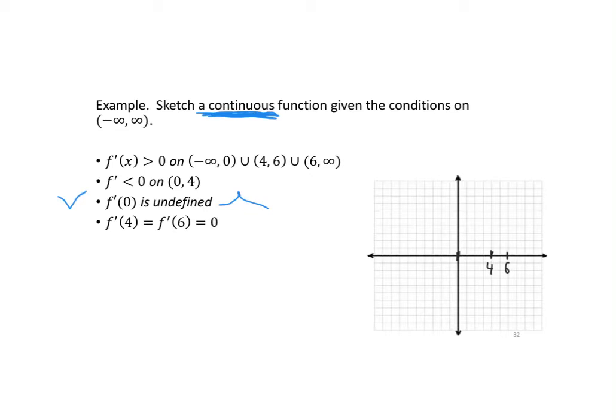I think we want to start at these points here, f prime of 4 and f prime of 6 are 0. We know that there's going to be a horizontal tangent line at each of those points, which tells us that we're going to have something like either this or this at x equals 4 and x equals 6, right? Because these are the two situations in which we have a horizontal tangent line.